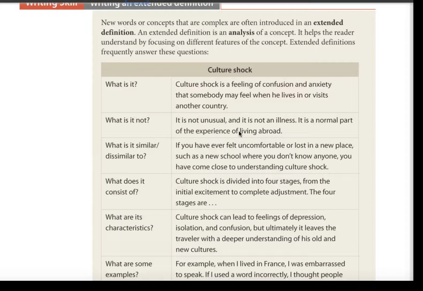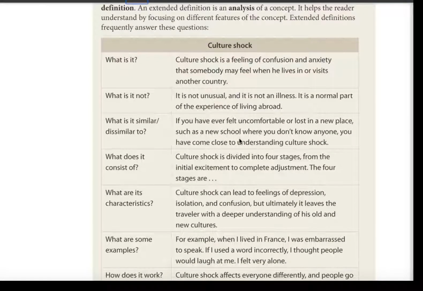So what this concept is not for culture shock: it's not unusual, it's not an illness, and it's a normal part of the experience of living abroad. If someone were to experience this type of shock, we want the reader to know, hey, this is not unusual, it's not an illness, and you will get over it. And so it gives them a deeper understanding of what this word can be.